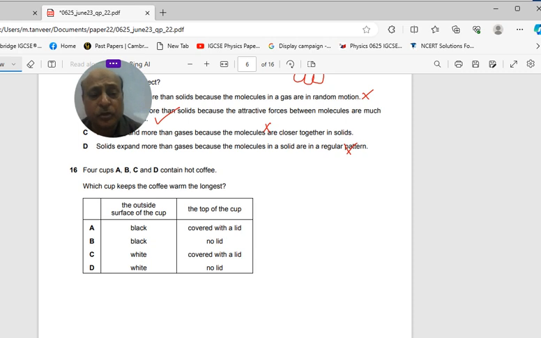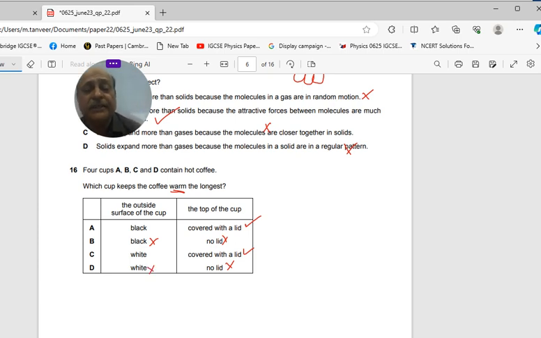Question number 16. Four cups A, B, C, D contain hot coffee. Which cup keeps the coffee warm for the longest time? Covered with lid, okay. No lid, it will be crossed. Now you have to decide which one.